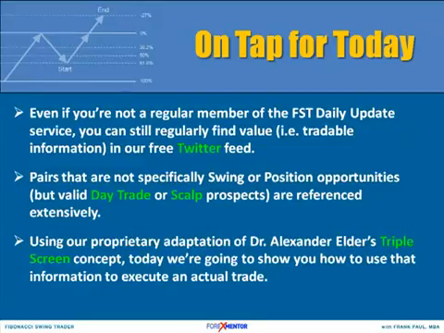What we use to make these calls is a very simple and effective method adapting Dr. Alexander Elder's concept of the triple screen. He uses the force index, and basically the idea here is, as the name suggests, if you've got the same momentum reading on 3 consecutive time frames, you should be good to go to drill down lower and grab an entry point, buying the dips, selling the rallies aligned with that momentum reading.